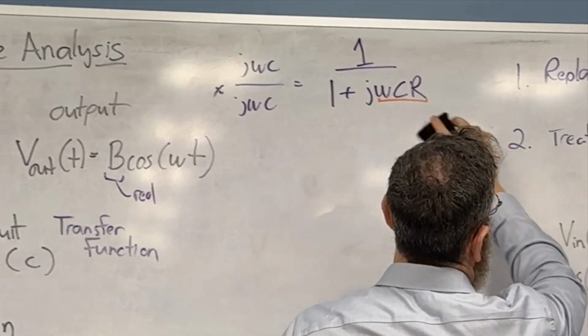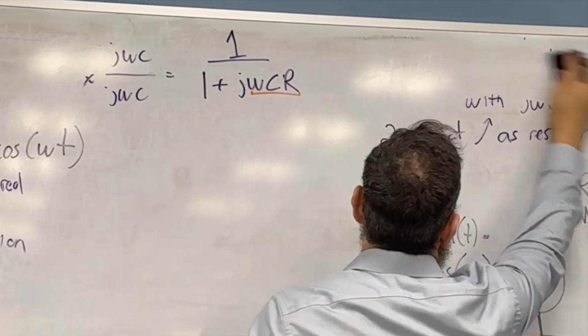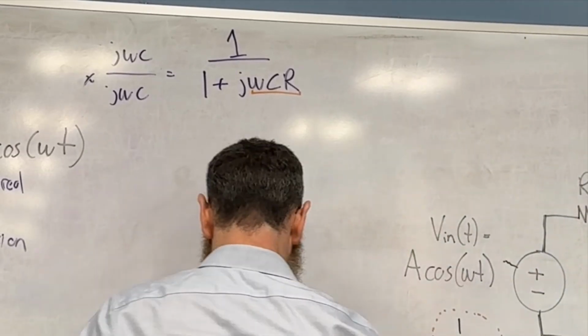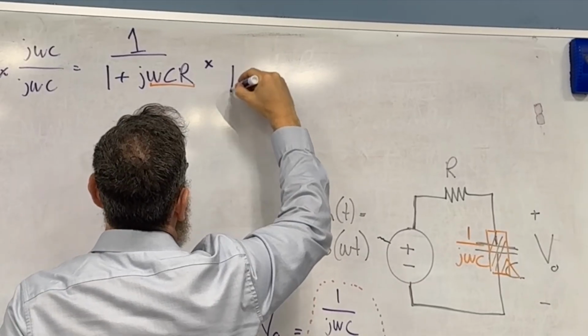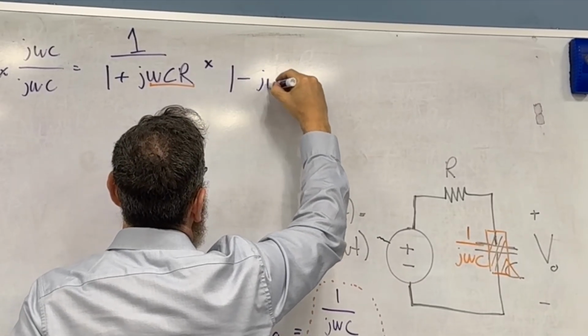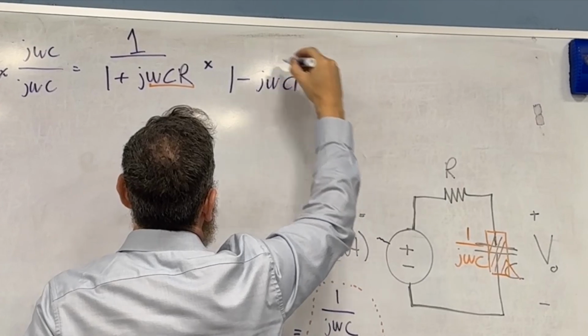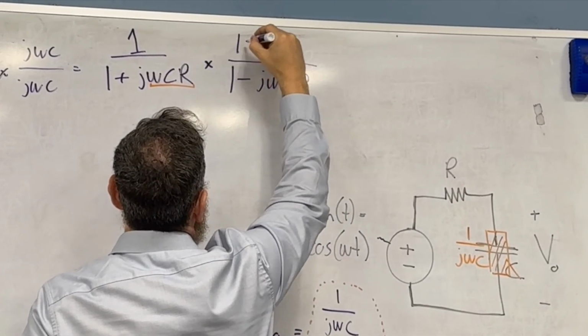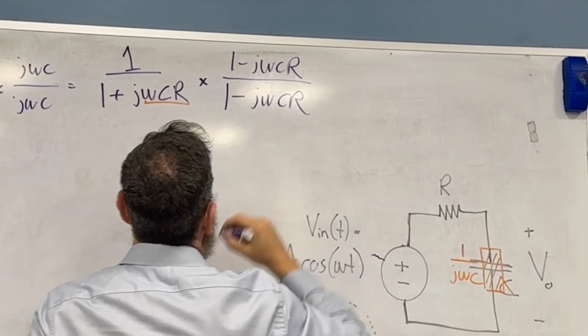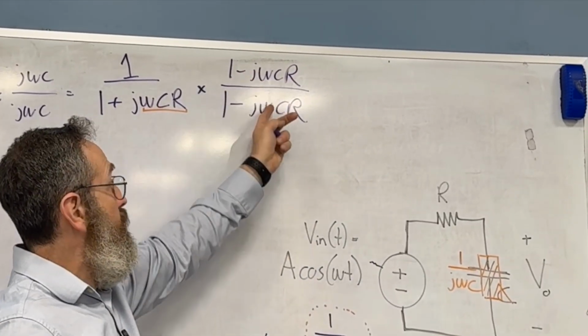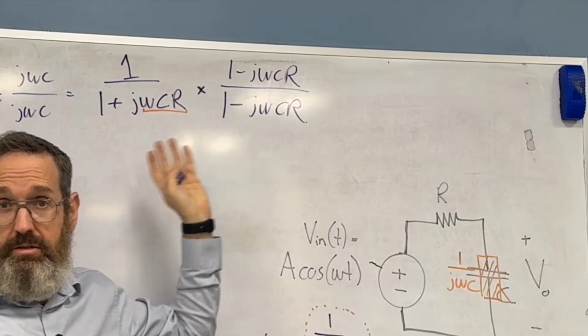Keep on the same line. I'm going to multiply this by 1 minus jωCR, and also 1 minus jωCR. This is Apple over Apple, so I can multiply by this.